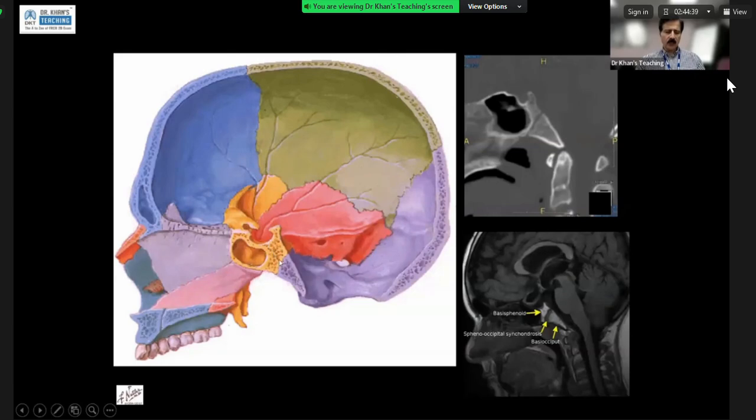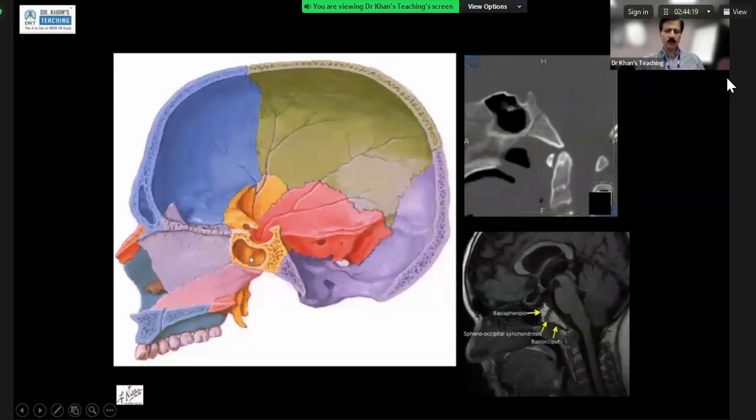Now, coming back, this is the sella. This is what we call sella turcica. This is dorsum sellae. This is the posterior clinoid process, and this is the tuberculum sellae. Please remember that this is the sphenoid sinus.